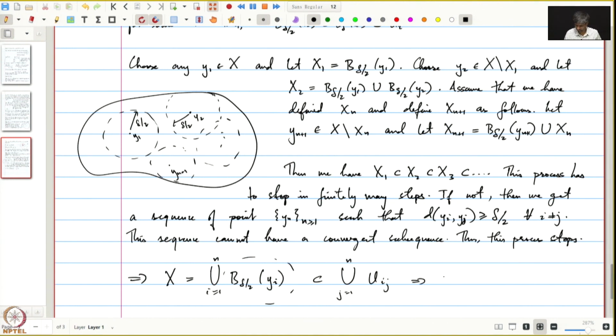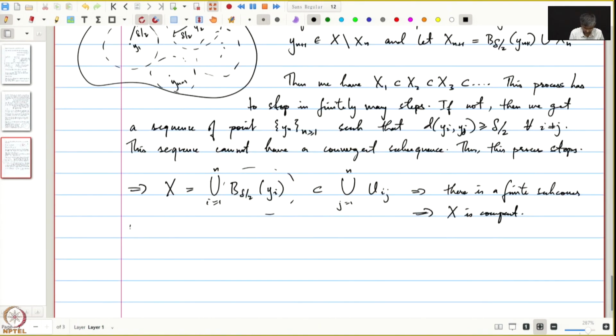So this implies that there is a finite subcover, which implies X is compact. Right. So this completes the proof of the theorem. So we will end this lecture here.